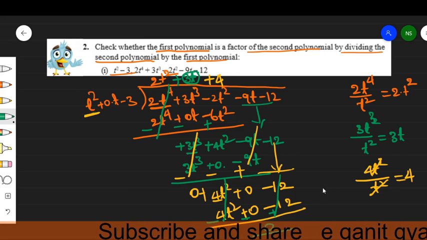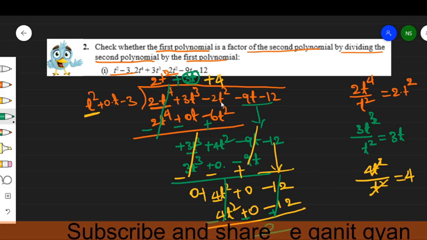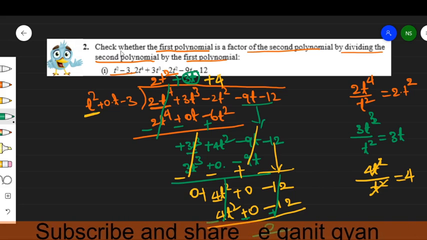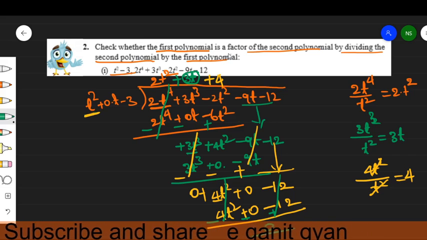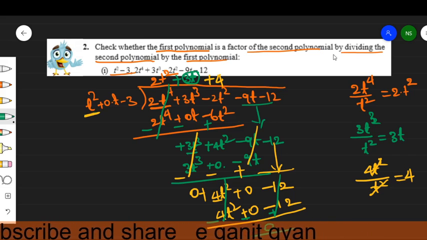Okay, what is our question? We have not completed the solution yet. We need to write the final statement. Check whether the first polynomial is a factor of the second polynomial.